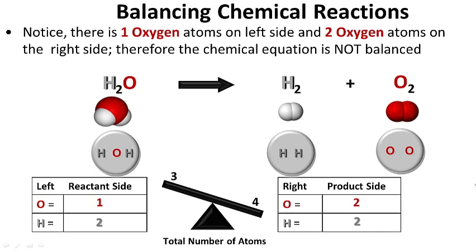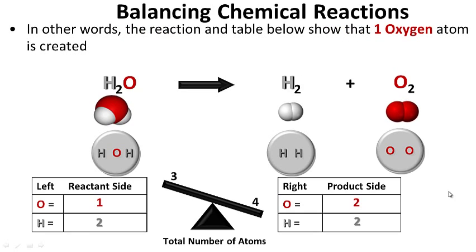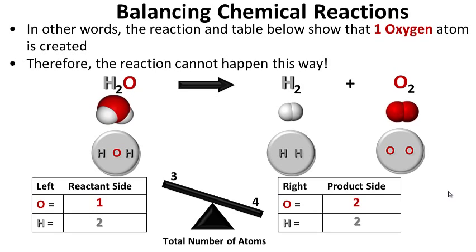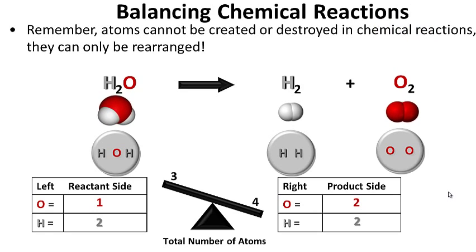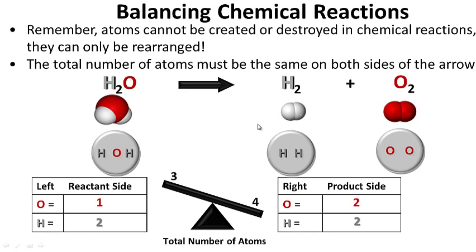Therefore, the chemical equation is not balanced. In other words, the reaction in the table below shows that 1 oxygen atom is created. Therefore, the reaction cannot happen this way. Remember, atoms cannot be created or destroyed in chemical reactions. They can only be rearranged. So the total number of atoms must be the same on both sides of the arrow.